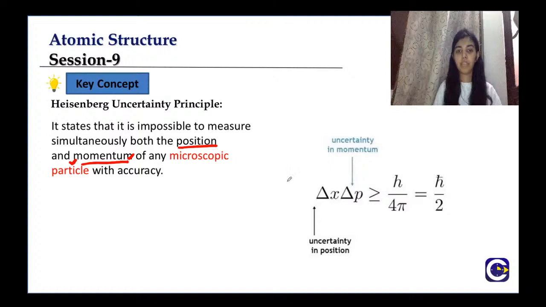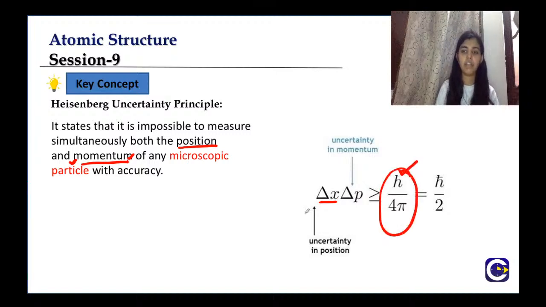So he said that the uncertainty, that is the inaccuracy in the position multiplied by the inaccuracy or uncertainty in the momentum, is always greater than or equal to h by 4 pi, is always greater than or equal to this particular value, right? And we have already learned that h by 2 pi can be written as h cross itself.